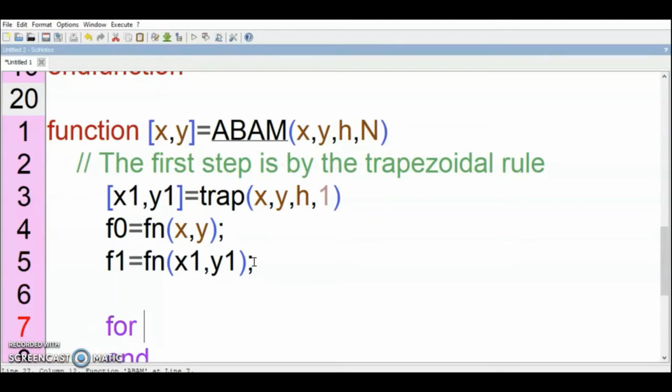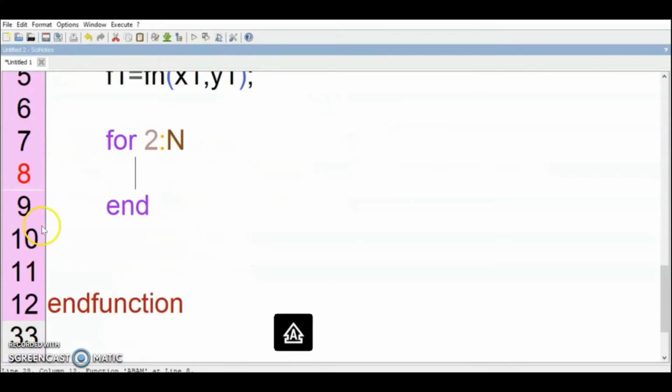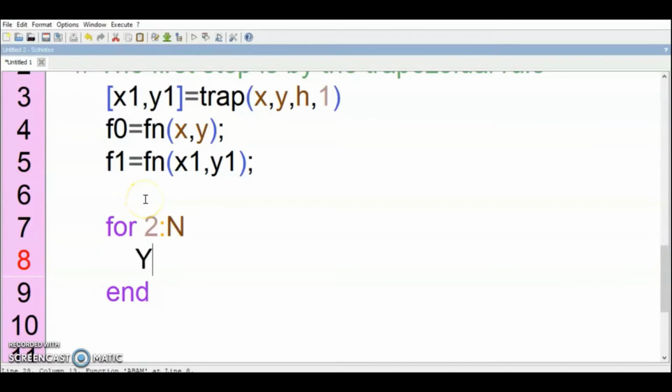Now the rest I'm going to compute using two steps. I is 2 up to n, using Adam Bashforth to predict. So I'm going to predict yp, for predict, using Adam Bashforth: y1 plus h times 3 over 2, which is 1.5, times f1 minus 0.5 times f naught.